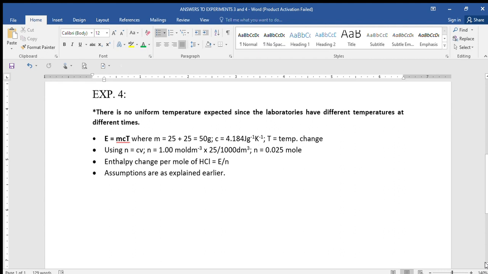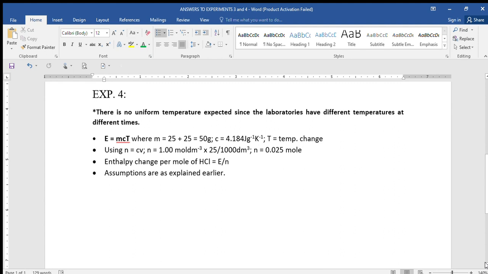For you to calculate this, you are going to make use of the formula enthalpy change over n. We are going to calculate enthalpy change per mole as enthalpy change over n. So whatever you get in mcθ, you divide it by your n.